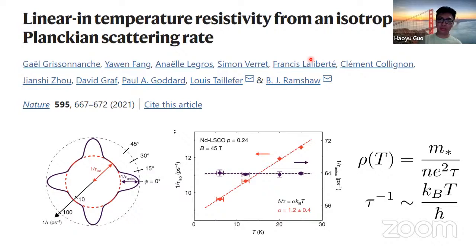It refers to the fact that if you try to interpret the data for the resistivity using a Drude formula, and you take the effective mass to be the one that you measure from, say, quantum oscillations or other experiments, you actually find out that this transport decay rate tau inverse scales like kBT over h bar. For example, it is verified in this experiment using ADMR.